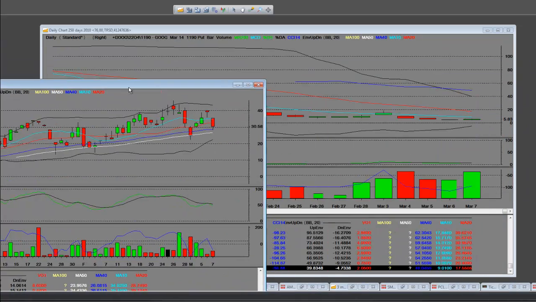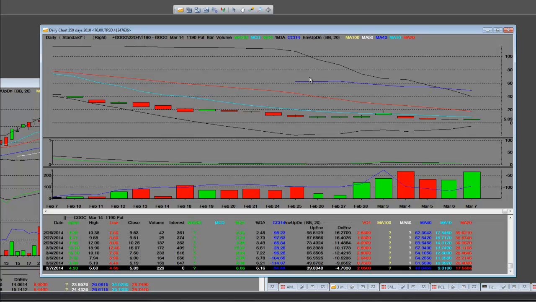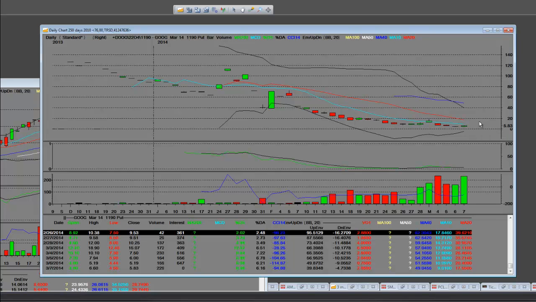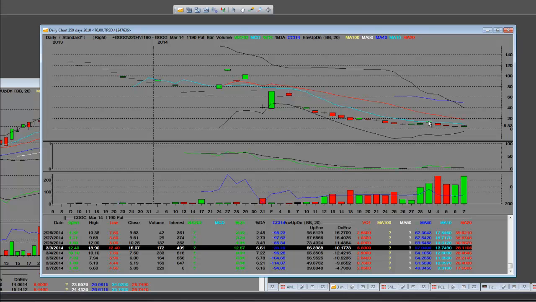Now, what we're going to do is take this particular put where Google had support. I'm going to go back to 3/4, right here at the high on 3/3. The 1190 is that put option, and that was the high.